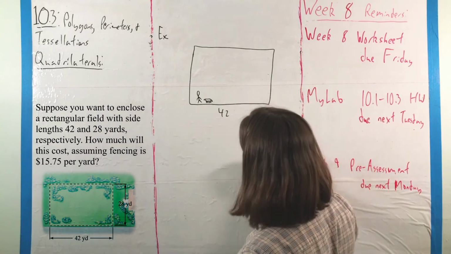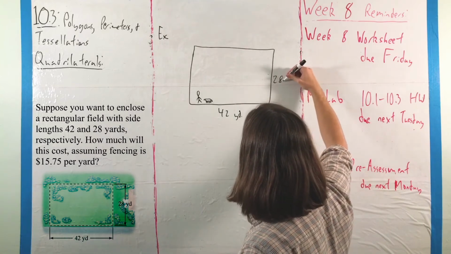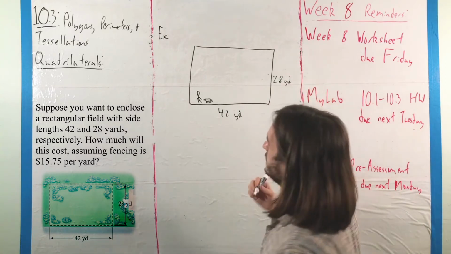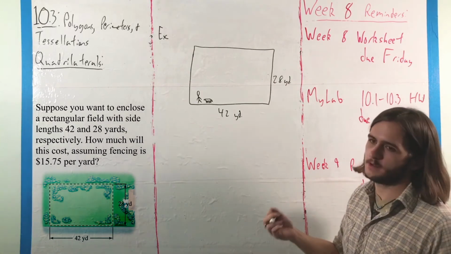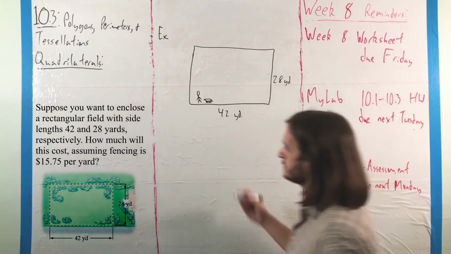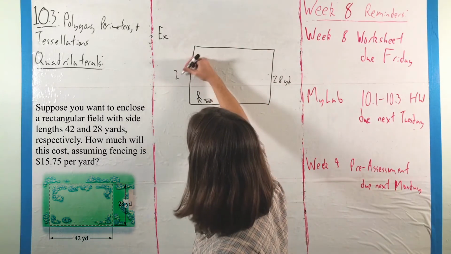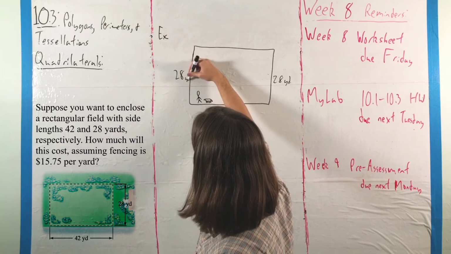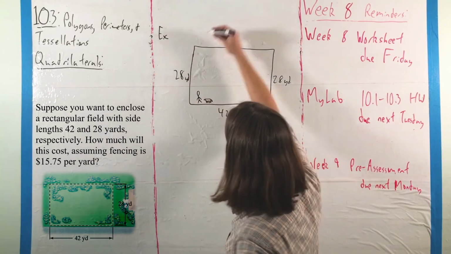That side is 42 yards. This side is 28 yards, where since this is a rectangle up to my ability to draw straight lines, both of these opposite sides will have the same side lengths.